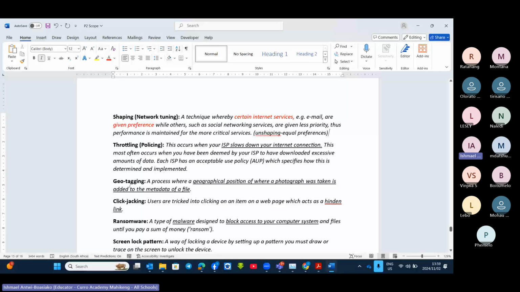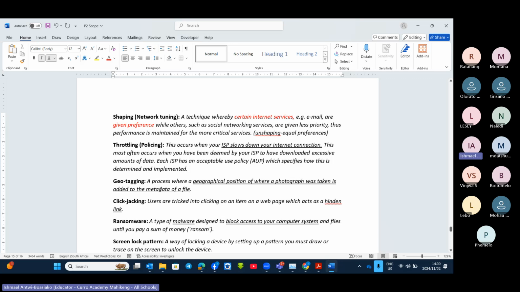Right, then geotagging, whereby geographical positions like the place where you took the pictures, the time, and other information are added to the metadata.